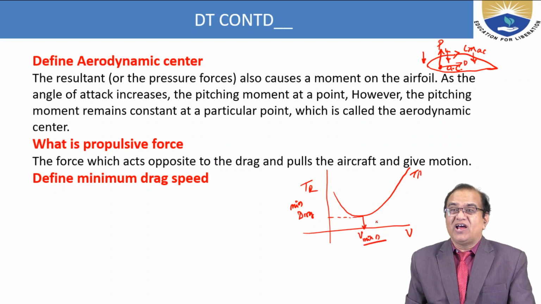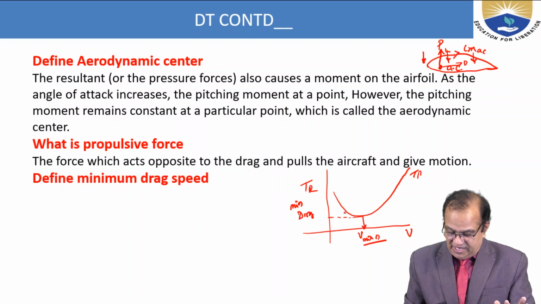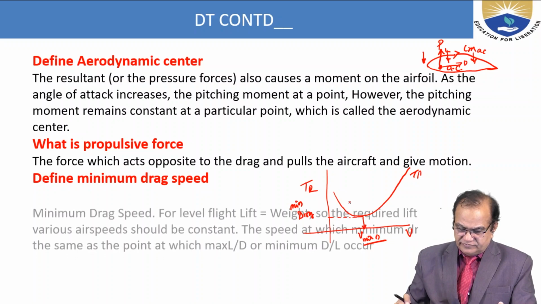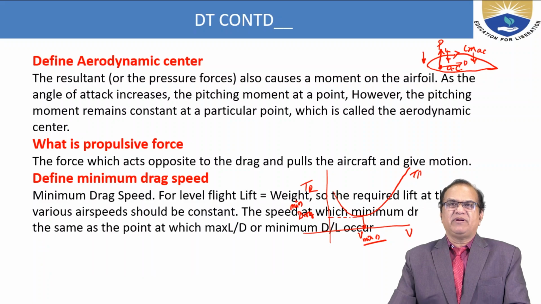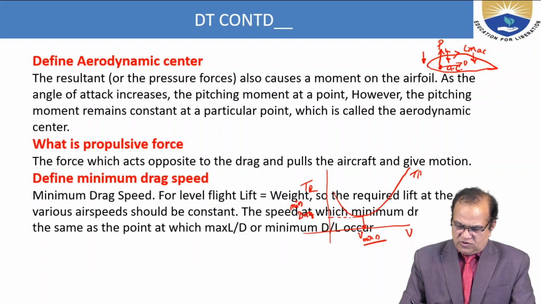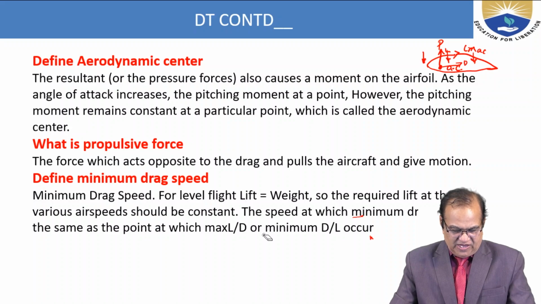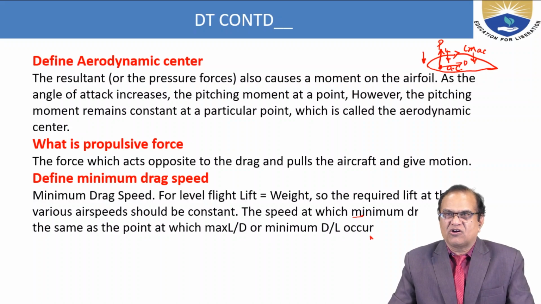The velocity at which you have the minimum thrust required, or minimum drag, is called the velocity for minimum drag. We can see that for level flight, lift is equal to weight, and so the required lift at the various air speeds should be constant.